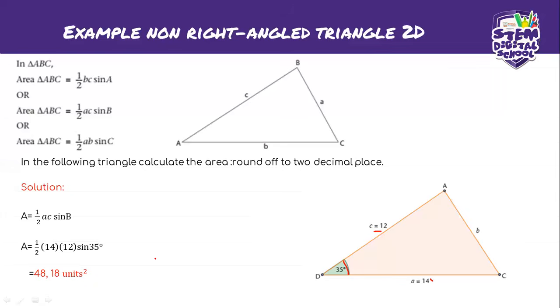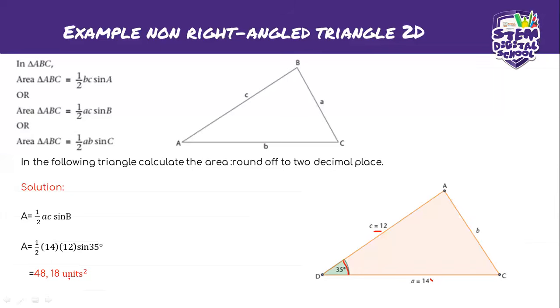My dear learners, when you are calculating the area, your answer should have squared. For instance, if we have units of centimeter or meter, if it's centimeter, it's going to be centimeter squared. If it's meter, it's going to be meter squared. In this case, we don't have any units, but that is not a problem.